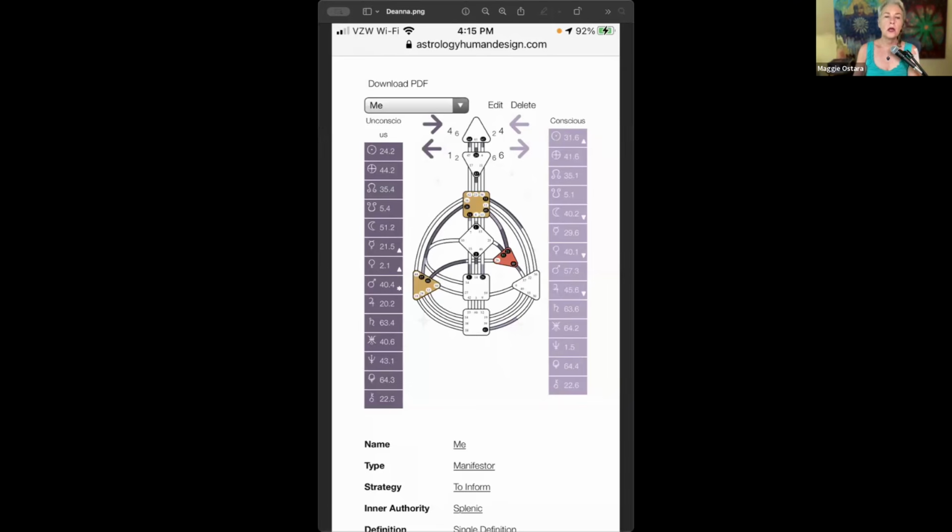So this is Deanna's chart and she is a manifester and she is a kind of spiritual teacher type of person. And let me just see what I want to share from what she's saying.